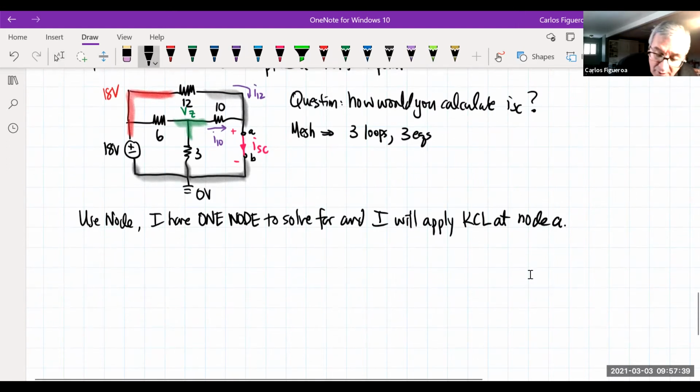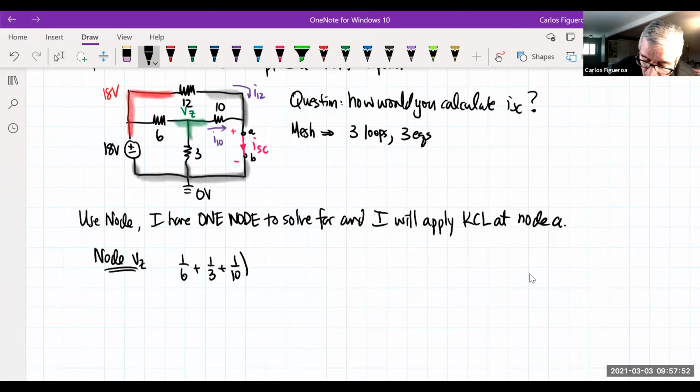So I'm going to look at node VZ. I have one node. So I got 1/6 plus 1/3 plus 1/10 times VZ. Look at that, the 3 and the 10 are on the ground. Nothing's there.